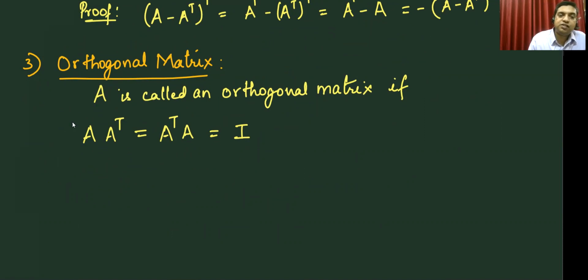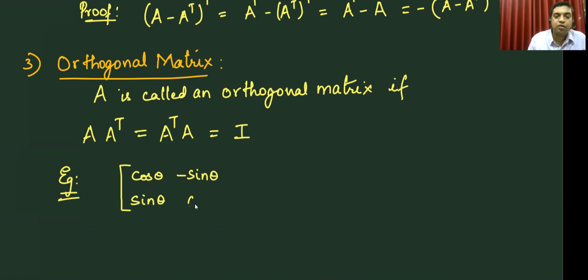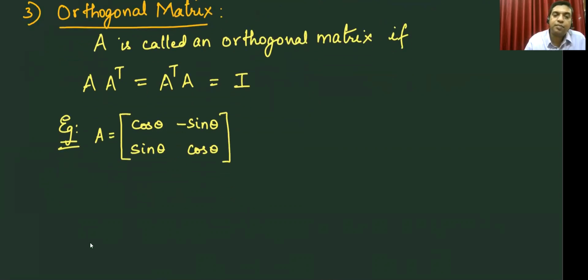The most basic orthogonal matrix is this: A equals cos theta, minus sin theta, sin theta, cos theta. All right, this is basic.